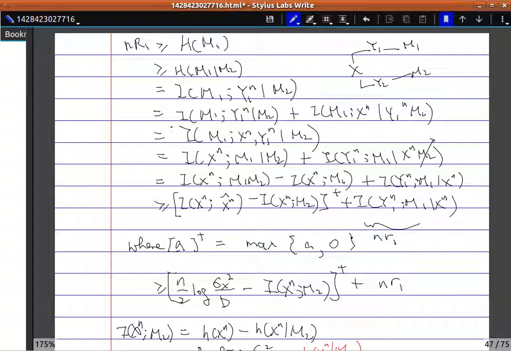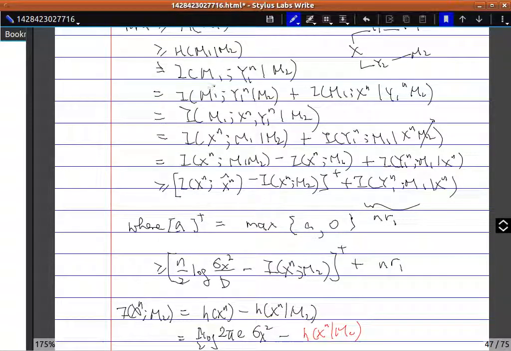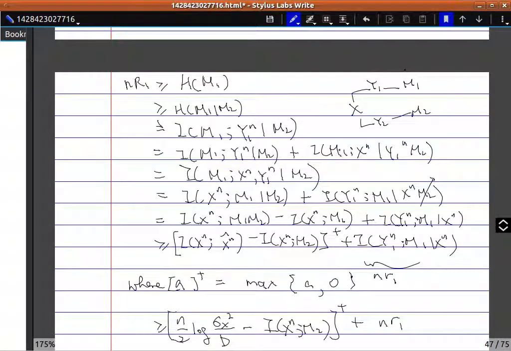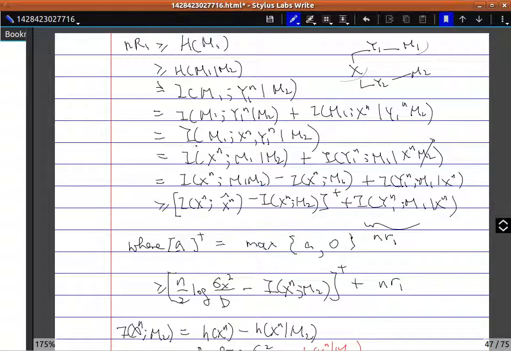So conditioning reduces entropy, and we can revise this as I(M1; X). Then I just add this one here again, like what we did earlier. This is just equal to 0 because M1 and X, given Y1, are conditionally independent. I can even ignore this M2 here.